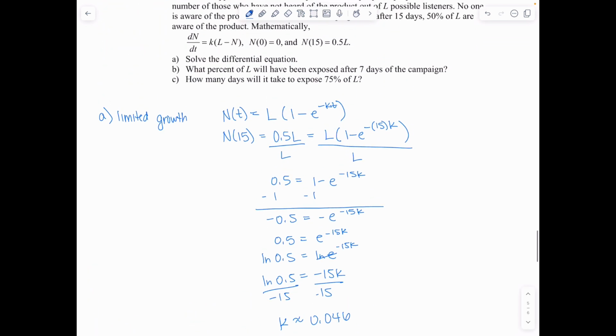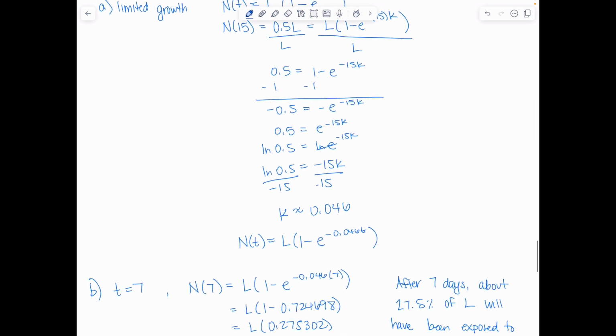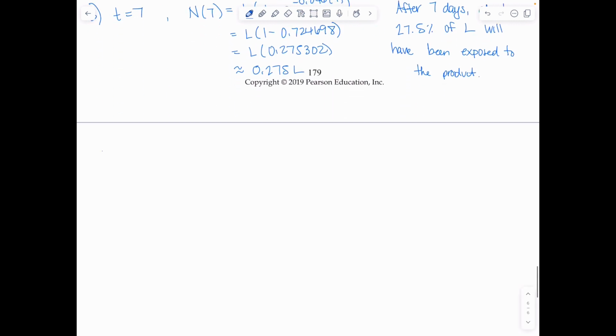And part C, how many days will it take to expose 75% of the listeners? So now we want to know what t is, N of t. We don't know what t is, but we want it to be 75% of the listeners.